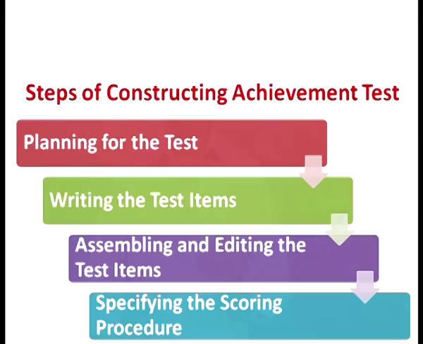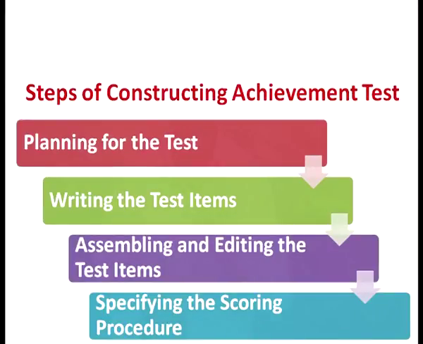Now, what are the steps of constructing an achievement test or a unit test? You can see on the screen there are 4 major steps of construction of any achievement test or a unit test. A unit test is also an achievement test based on a smaller number of concepts. The first step is planning for the test. After planning, writing the test items, that is, the questions for that test.